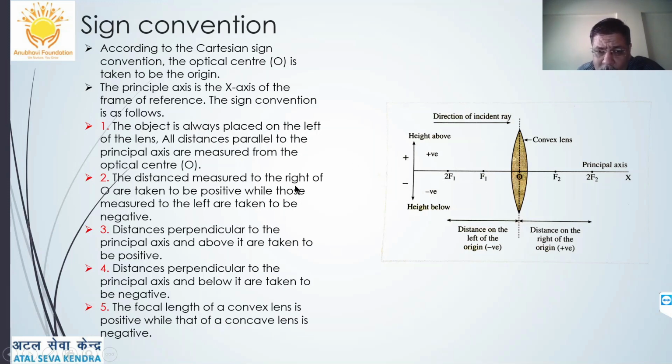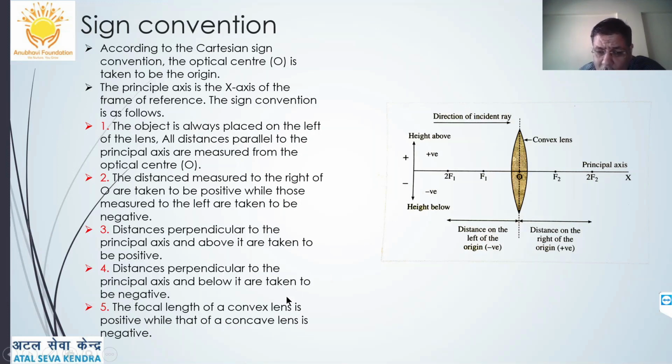The distances measured to the right of O are taken to be positive, while those measured on the left are taken as negative because they are measured on the negative x-axis. Distances perpendicular to the principal axis and above it are taken as positive. Distances perpendicular to the principal axis and below it are taken as negative.